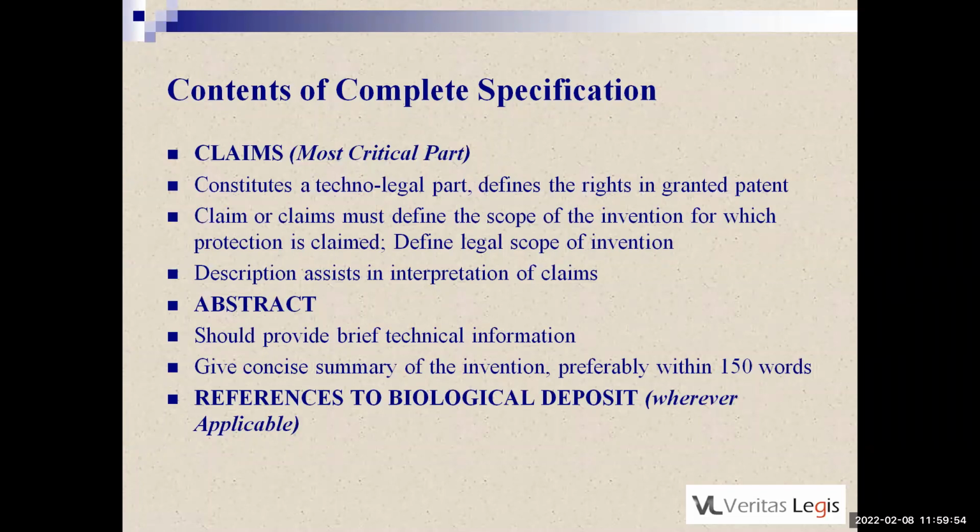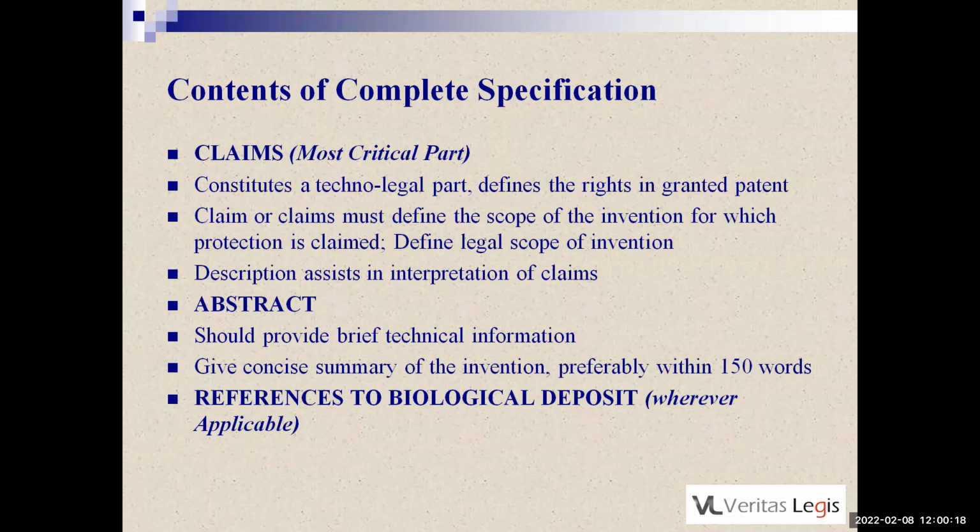That's why it says it defines the legal scope of your invention, but the description assists in interpretation of claims. So if you are claiming something, it should be present in the description. So it is an interpretation. The description has it, and then you are claiming it. But if something is present in the description and you have forgotten to put it in the claims, you lose it.